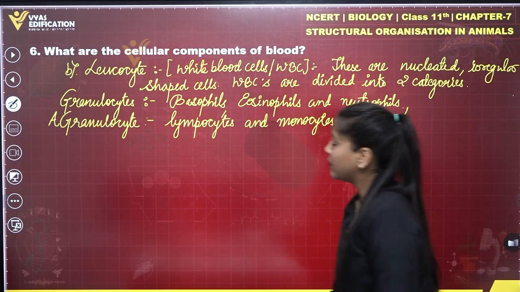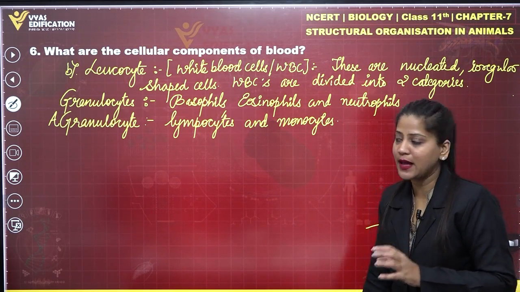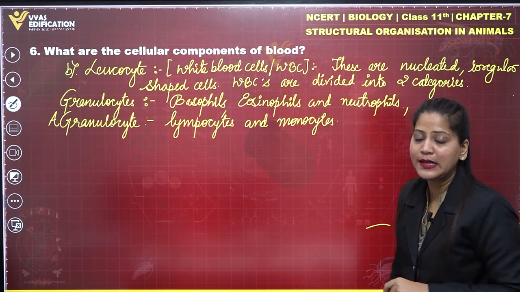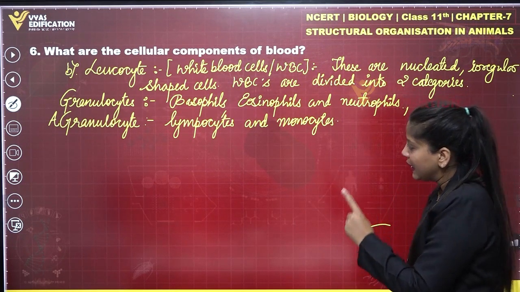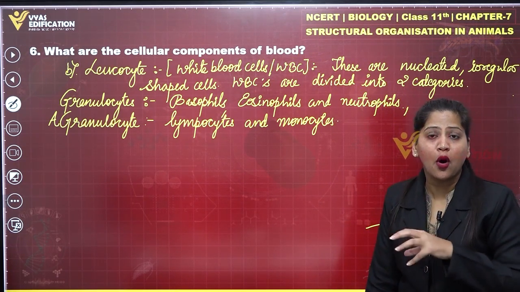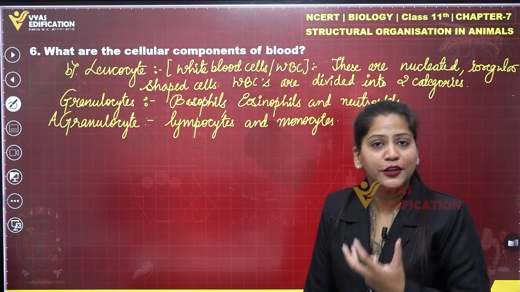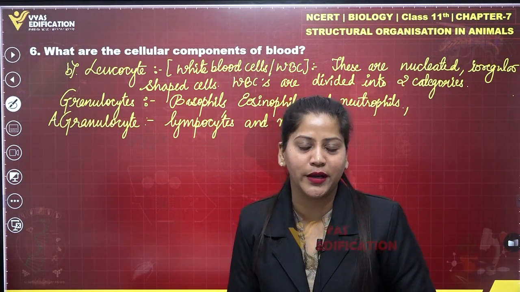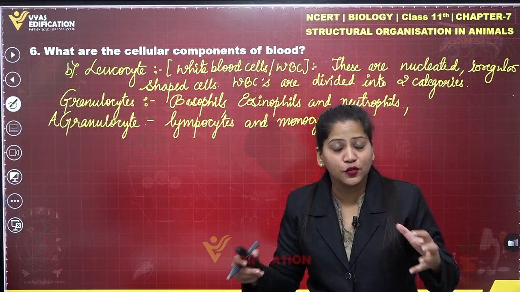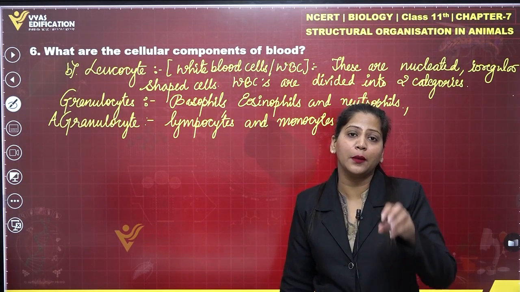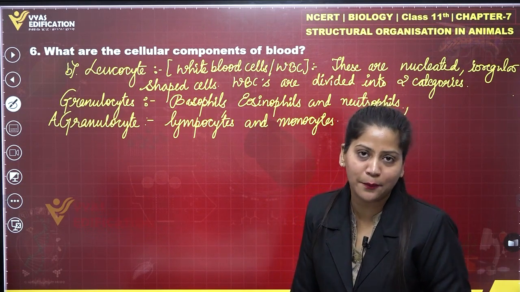Alright, remember these all are WBC cells: basophils, eosinophils, neutrophils, lymphocytes and monocytes. All these are the various kinds of WBCs or leukocytes only. They are just categorized into two different groups based upon the presence of granules in them, right?